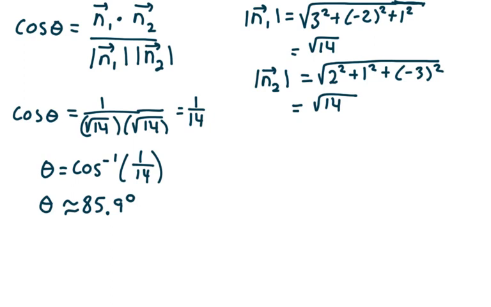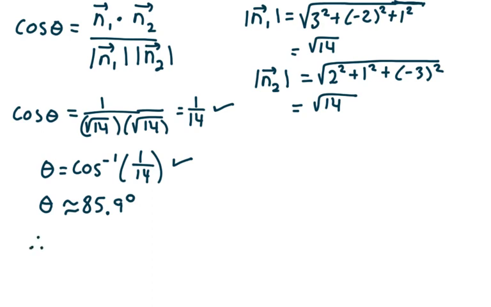So if I put everything together, cosine of theta ended up being 1 over 14, right? So theta is the inverse cosine of 1/14th, which ends up being approximately 85.9 degrees.